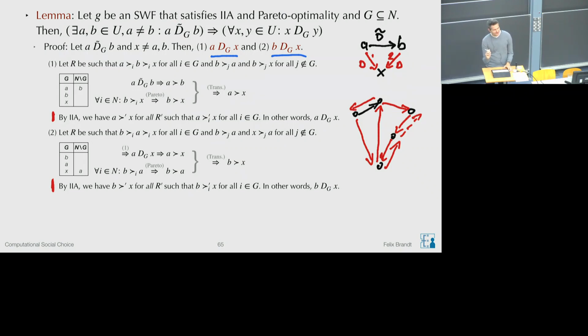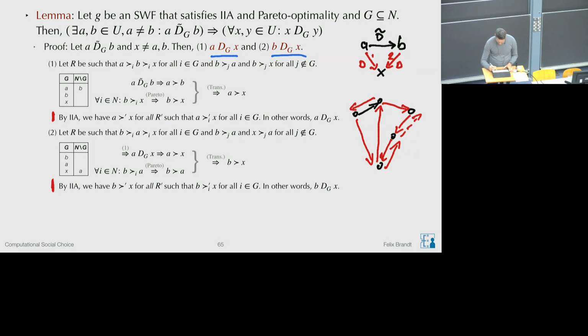This only works if we have at least 4 alternatives. For the case of 3 alternatives, we also need this first condition here, which we haven't used yet. The reason is, for these 5 alternatives, it's pretty straightforward: we can just walk around, and since there are more than 3 alternatives, there's enough space to just turn around and go around in this graph in the other direction.